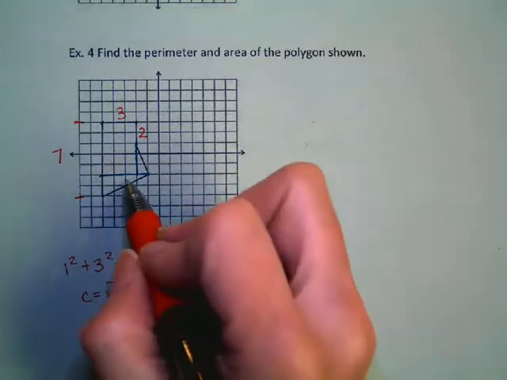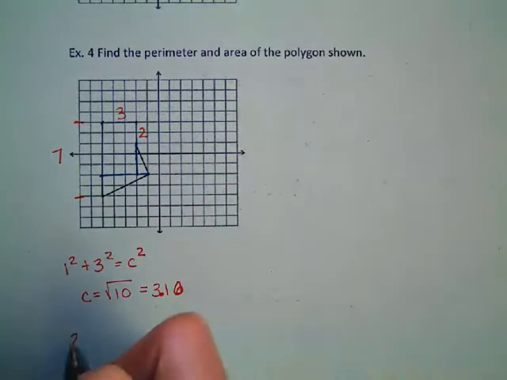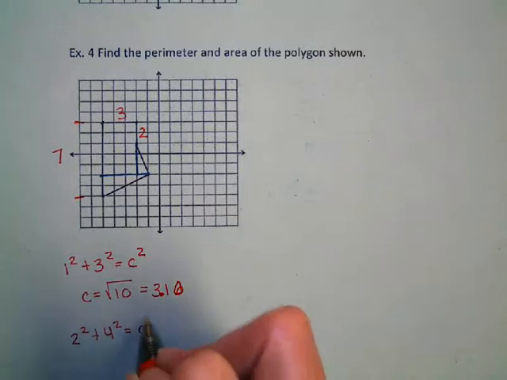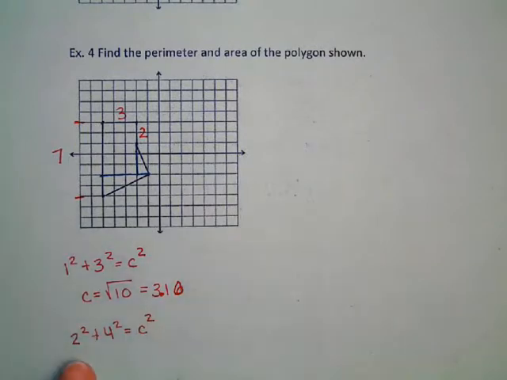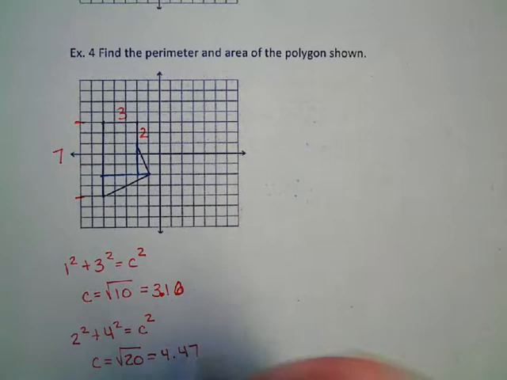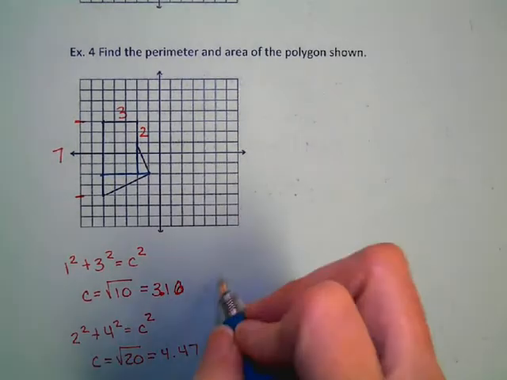Okay. Then this triangle down here, this is 2 by 4. So I did 2 squared plus 4 squared equals c squared. So that comes out to 4 plus 16 is 20. So c equals the square root of 20, which is about 4.47.